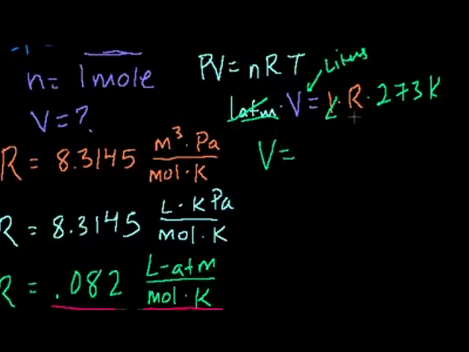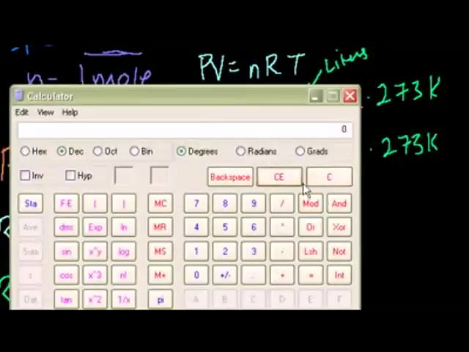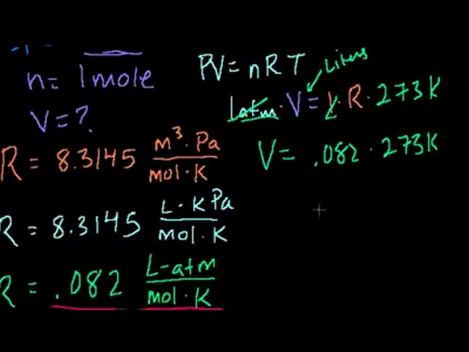So the volume is equal to 0.082 times 273 degrees Kelvin, and 0.082 times 273 is equal to 22.4 liters.